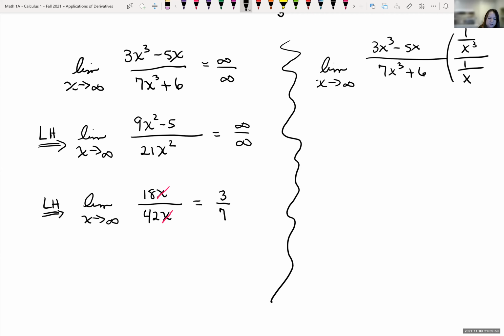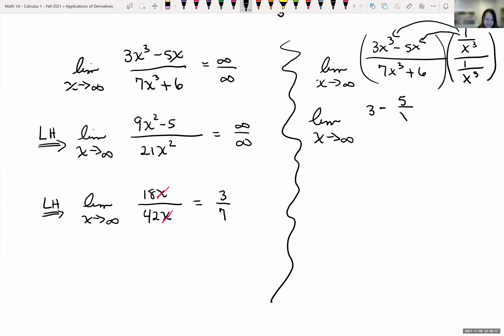And if you distributed that, notice how we get the limit as x is going to infinity of, 1 over x cubed times 3x cubed, that just leaves us with 3, minus 5x divided by x cubed, that's 5 all over x squared, divided by, distributing this, we have 7x cubed over x cubed is 7, plus 6 over x cubed.